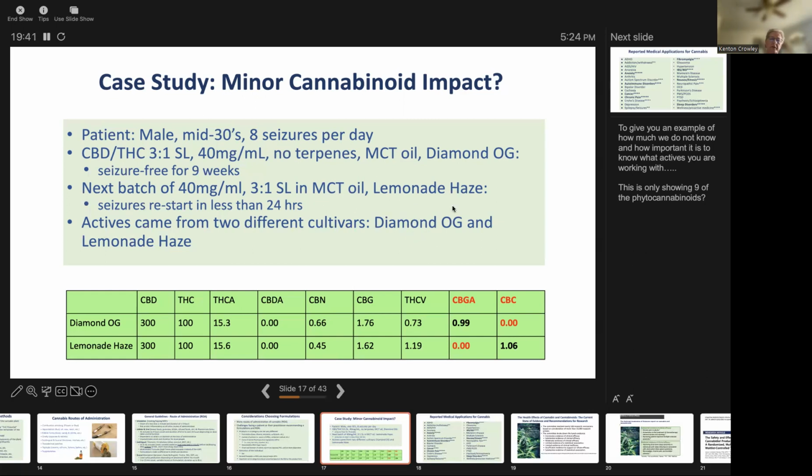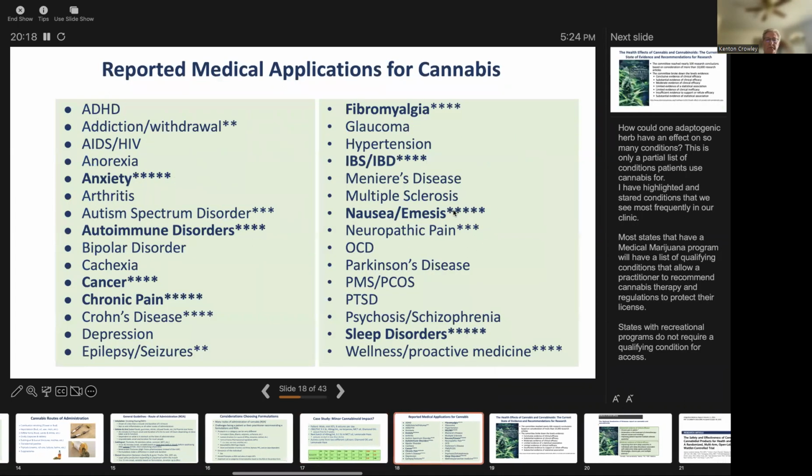The bud tender in the dispensary also knew that because he was one of the extractors, that they had changed their cultivar, and he was able to re-extract more Diamond OG and get this individual back into control from the same material. I don't know if the patient was able to continue to maintain that, because the cultivars of batches tend to change based on where they are produced.